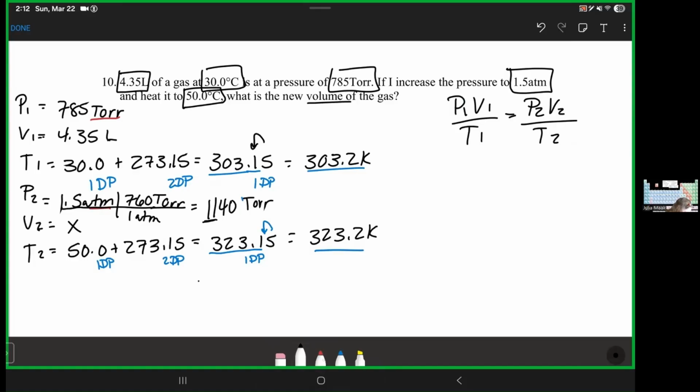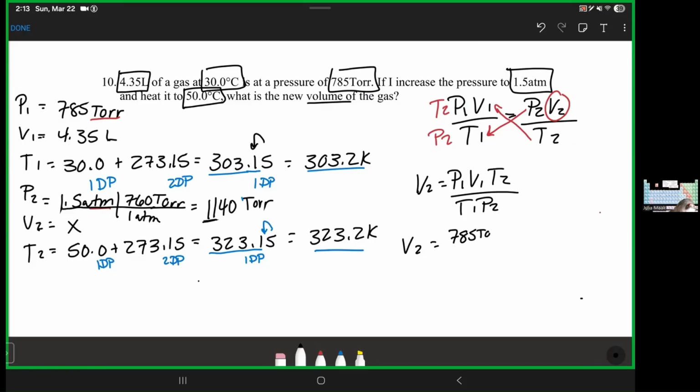Okay, and I am solving for my second volume. So my P2 is going to come to the bottom and my T2 to the top. So I get that my V2 is equal to P1 V1 T2 over T1 P2. So I'm just going to slap my information in now that we're in the correct units and everything. So my first pressure, 785 torr.